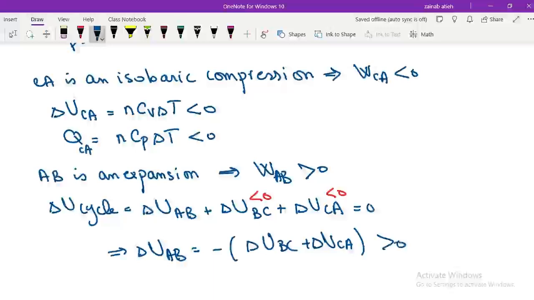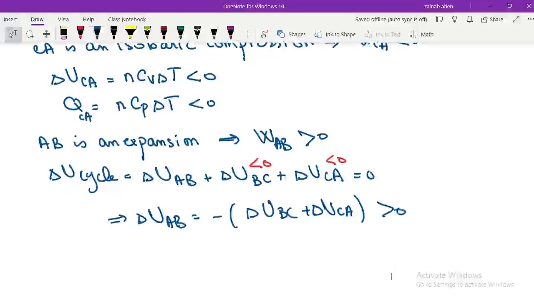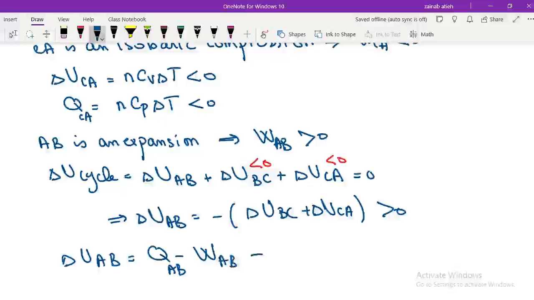Now there remains QAB. I have to find it, so let's use the first law of thermodynamics. Delta UAB equals Q minus WAB, so we get QAB equals delta UAB plus WAB.